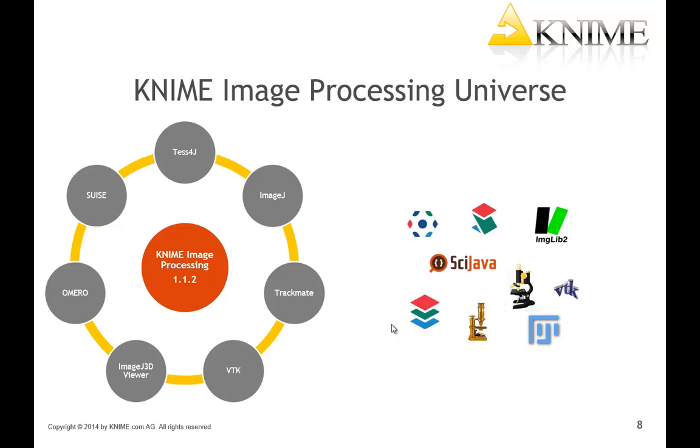So, for example, we heavily use SciJava, which is a project which came up during the ImageJ2 development in Madison, University of Wisconsin. Then we use ImageJ2, we use some ImageJ1 functionality. We heavily use ImgLib2, which is the basis also for ImageJ2. We use VTK, we use CFO, we use Omero, and so on. So we don't want to reinvent the wheel. We really use what's out there and combine it and integrate it into KNIME, okay?